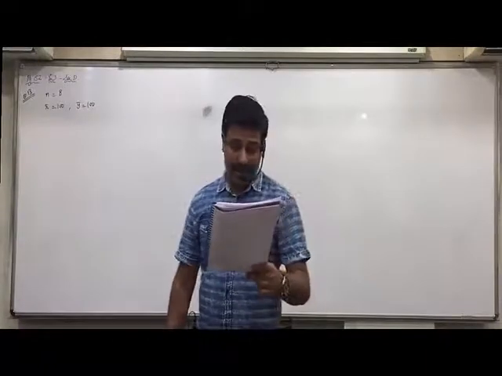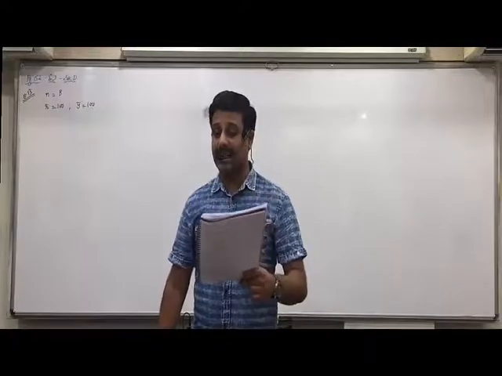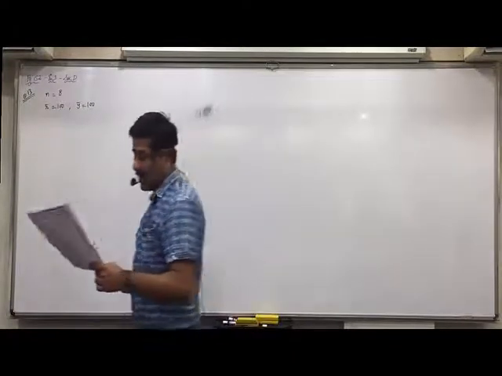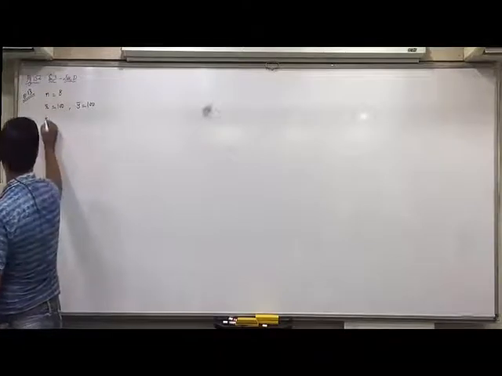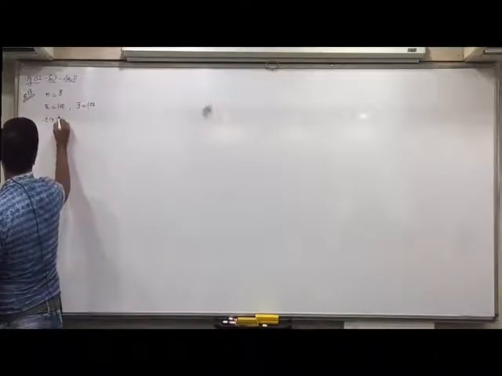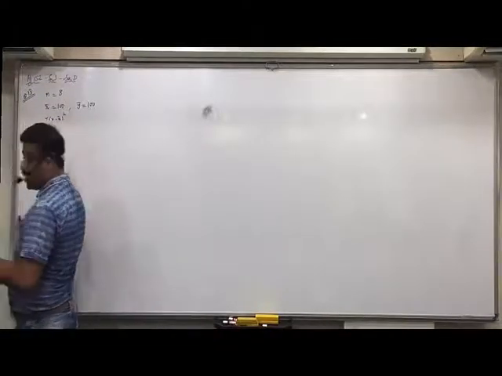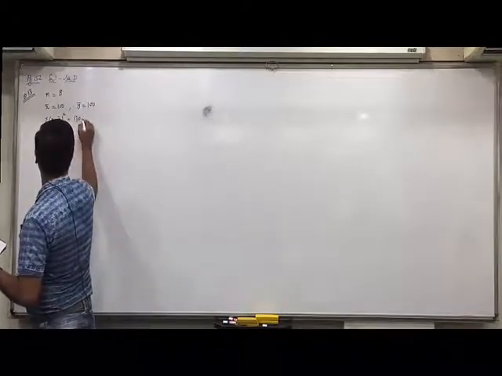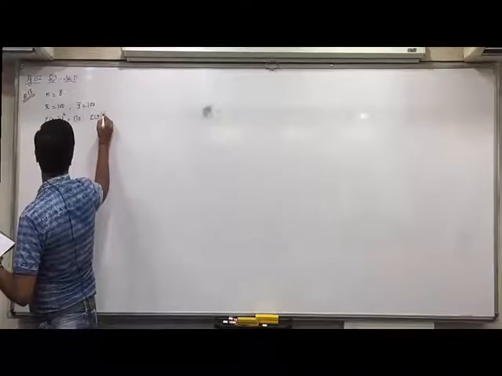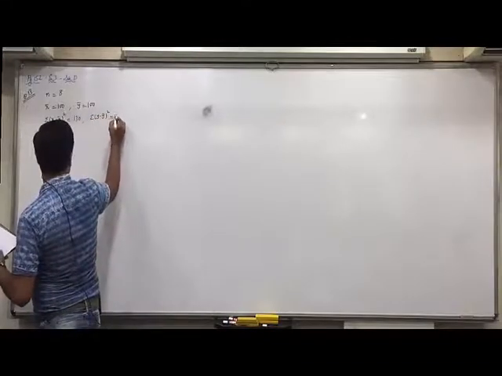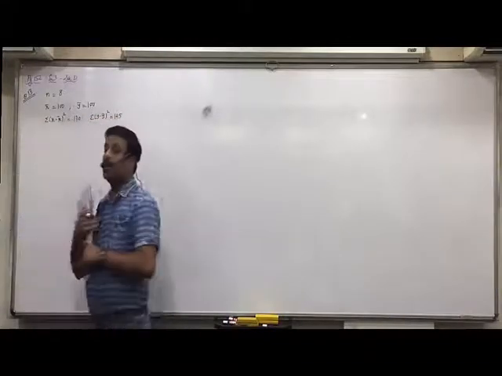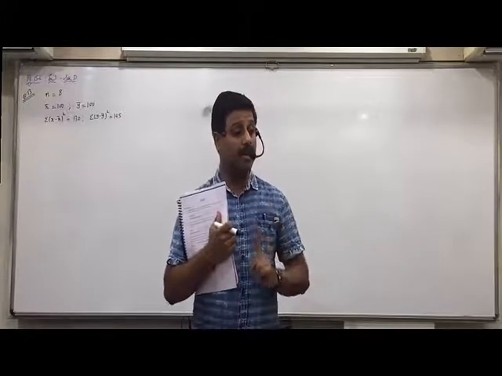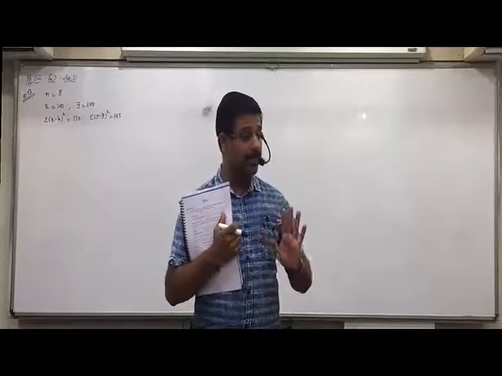Then the sum of squares of deviations taken from mean: sigma x minus x bar whole square is 130 and sigma y minus y bar whole square is 145. So, is everyone clear with this language? Sum of squares of deviation taken from mean, any doubt in this?